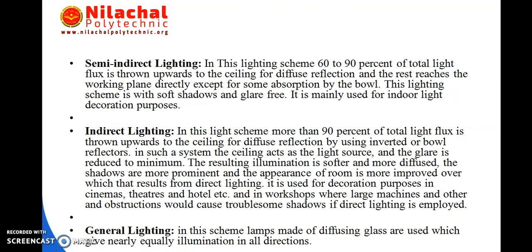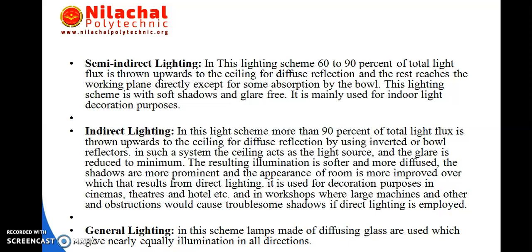So semi-indirect lighting, what is that? In this lighting scheme, 60 to 90% of total light flux is thrown upward to the ceiling for diffuse reflection, and the rest reaches the working plane directly, except for some absorption by the bowls.